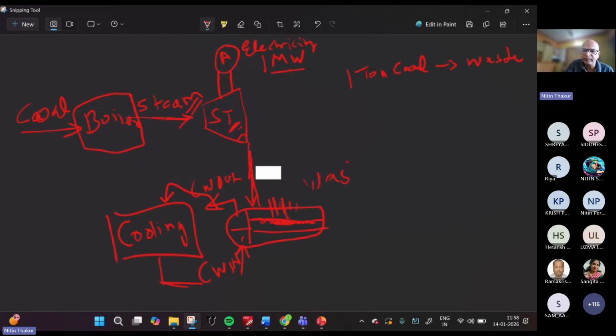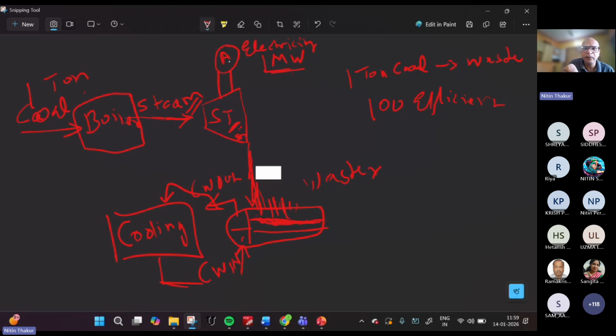So just to give you a number, let's say if this was an ideal world and there was no waste heat, then we just need 1 ton of coal and we make 1 megawatt of electricity, and whatever is the steam condensing over here, that's about it. Let's just say that is 100% efficient. Now, let's say we take another case where over a period of time, my condenser is getting scaled, and now there is a back pressure of steam on the steam turbine.